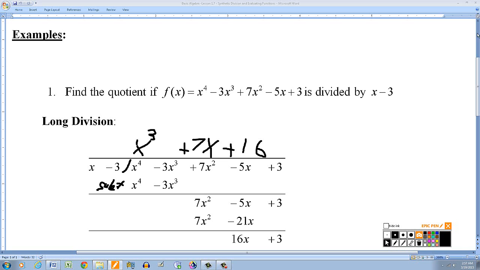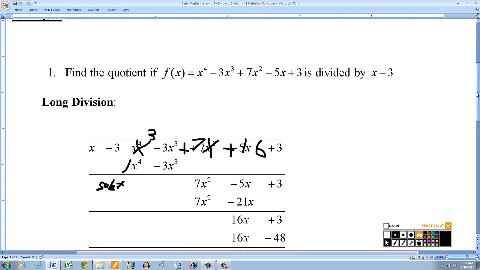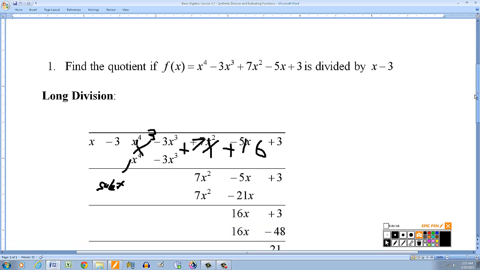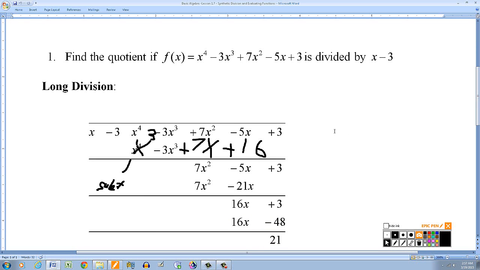Okay, let me scroll down a little bit more here. So now the 16 multiplies the x minus 3. So 16 times x gives me 16x, there it is. And then the 16 times the minus 3 is minus 48, and then I subtract here again.